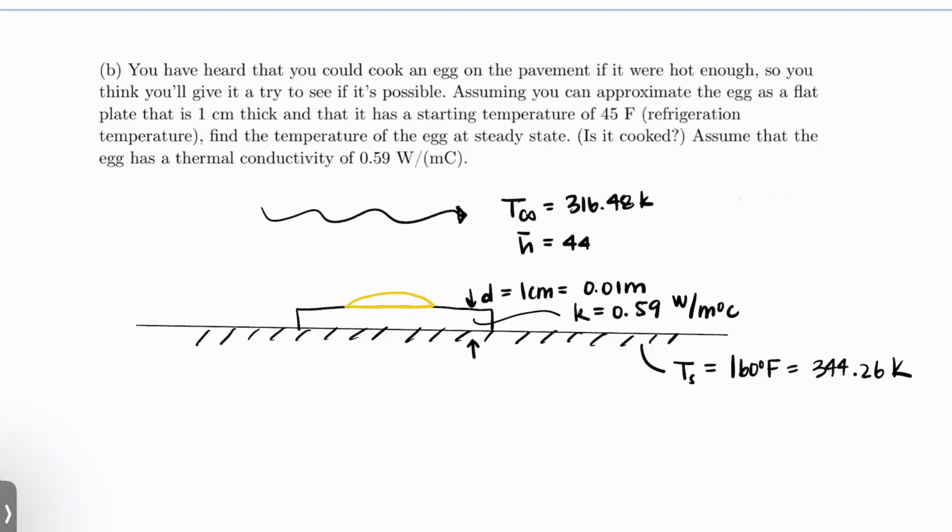And H bar from part A is 4,446.3 watts per meter squared Kelvin. And our egg starts at T naught of 45 degrees Fahrenheit.